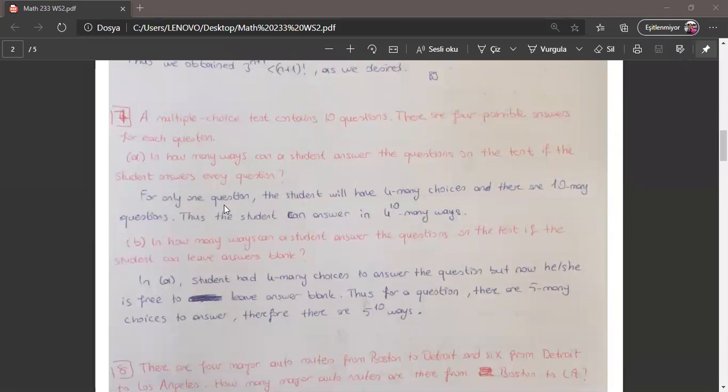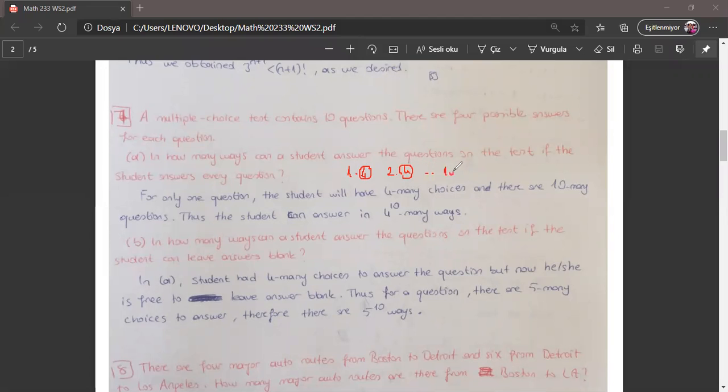For only one question, we know there are 4 answers. So for the first question, he or she has 4 options, and for the second question, again he or she has 4 answers to choose from.